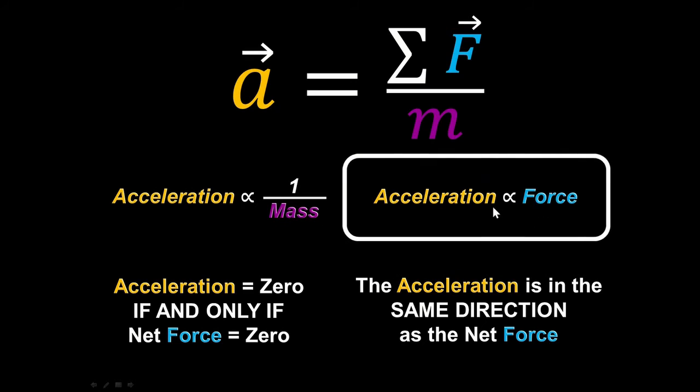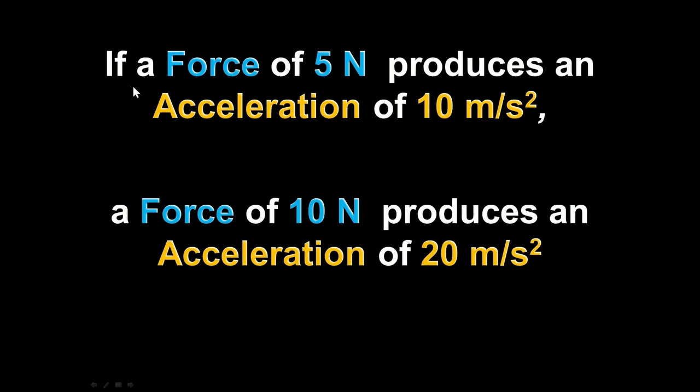Now let's scoot over here and look at an example or two of how force and acceleration are directly proportional. If a force of 5 newtons produces an acceleration of 10 meters per second squared, a force of 10 newtons, twice as much, would produce twice the acceleration.